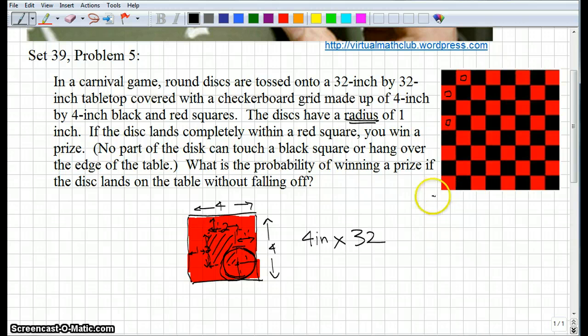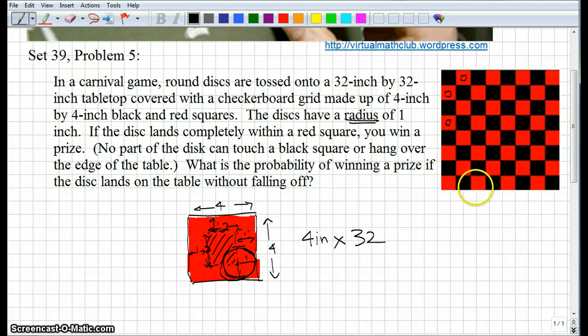Okay, and then let's compare that to the total area where it could land. We're going to assume that these disks are a uniform mass all the way across, so the center of gravity is in the center of the disk. As long as the center of gravity is on the table, it won't fall off.